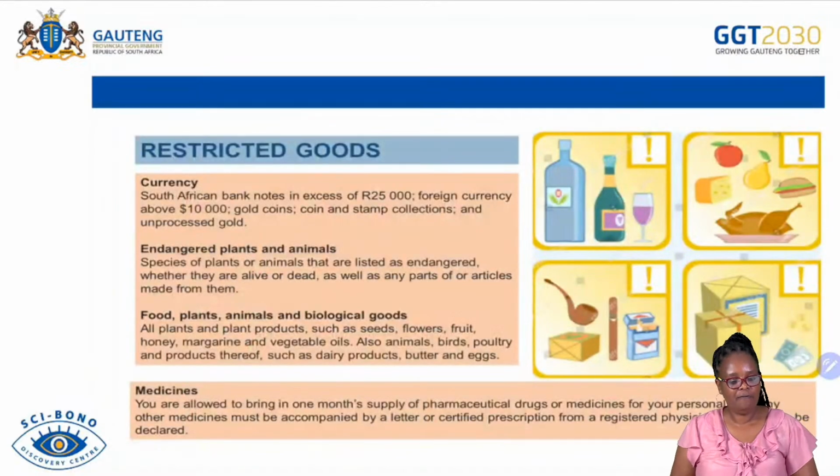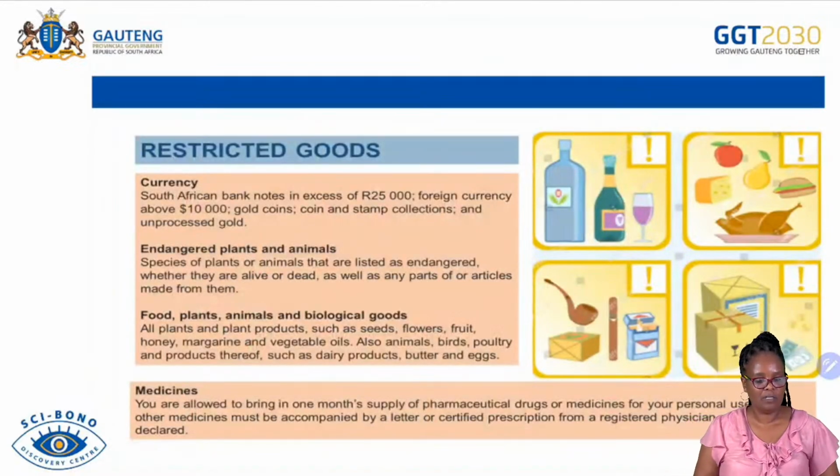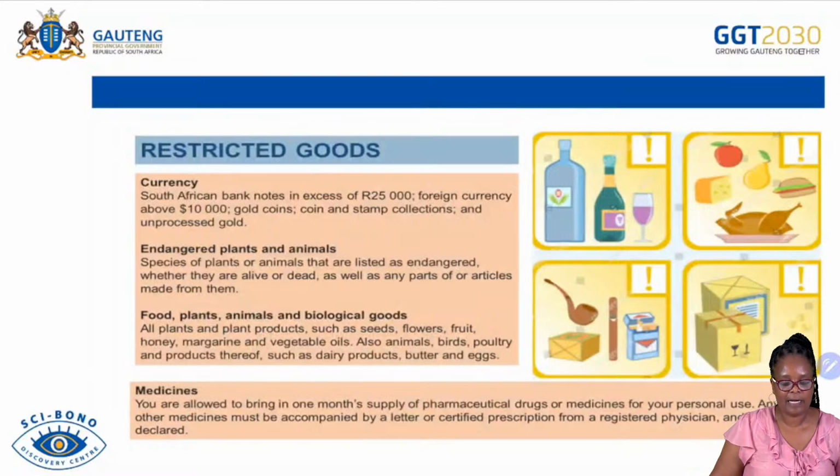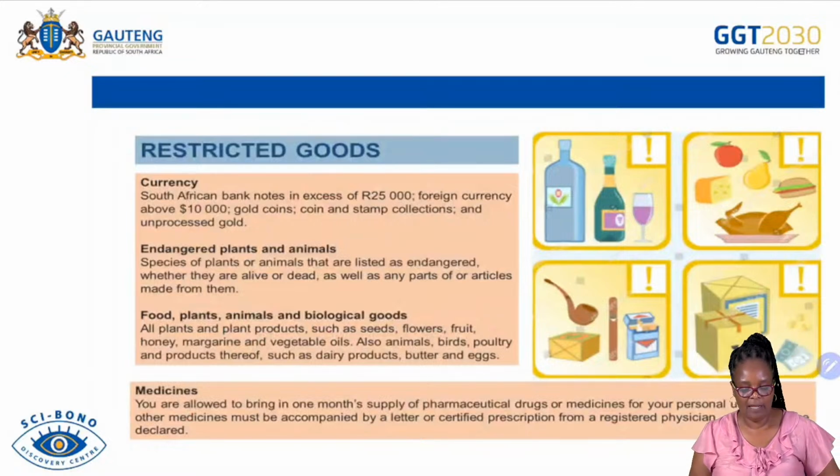We have the restricted goods. Here they are. The currency. You are limited as to how much you may bring into the country. You cannot bring a lot of foreign currency, you cannot bring a lot of money.